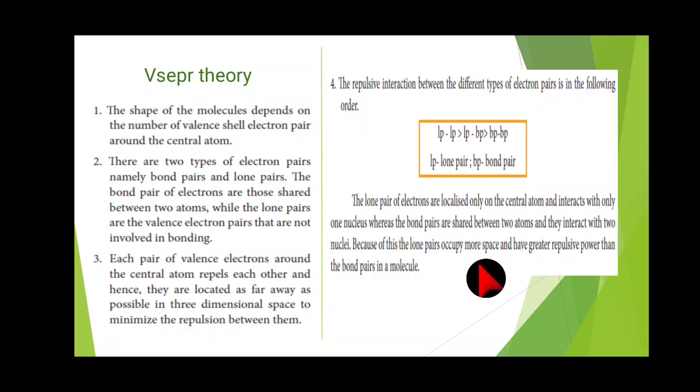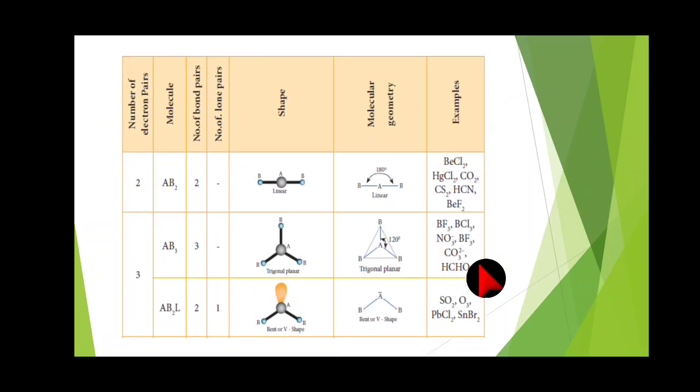Okay, regarding this theory, we can look at some example shapes of molecules. The first shape is linear. The number of electron pairs is 2, so the molecule type is AB2. The number of bond pairs is 2, and the lone pair is nil.